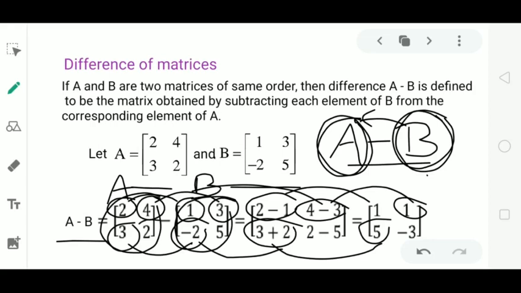Similarly, fourth element 2 minus fourth element of B, 5, is 2 minus 5, which gives minus 3, written in fourth place.